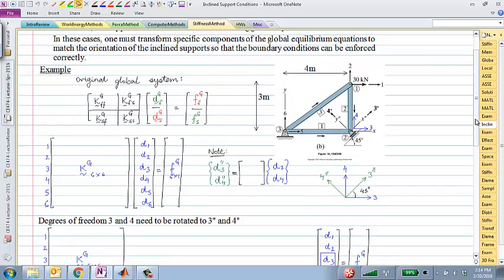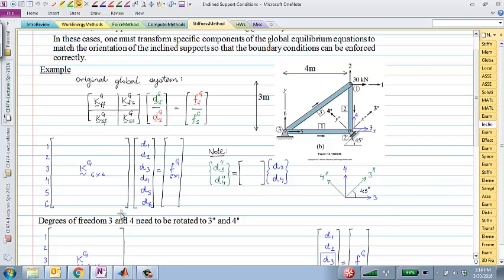The idea here is exactly to follow what we did for normal horizontal or vertical supports. So we know how to solve systems with horizontal or vertical supports. At the end of the day, we should end up with some stiffness matrix that looks like this. Now the problem with this is that for this particular system, there are 6 degrees of freedom.